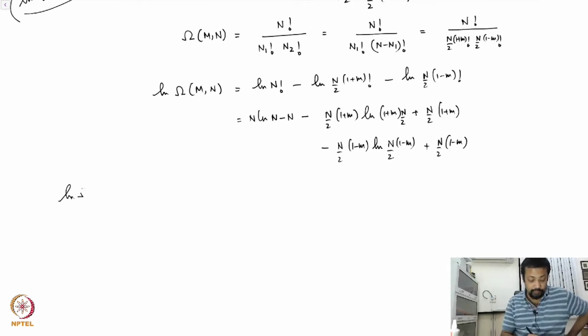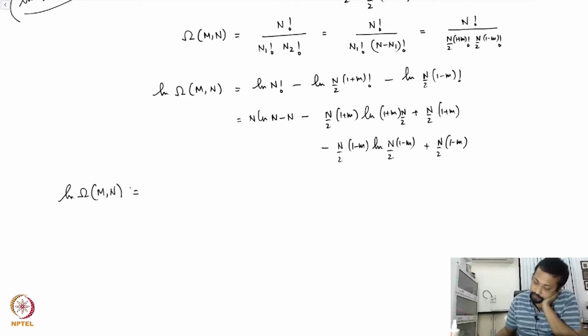So ln omega of m comma n is equal to, again one has to go through all these elaborate things, but some of them are pretty easy to figure out, right? So you see this minus n is going to cancel out with the plus n by 2 and plus n by 2 from here, right?